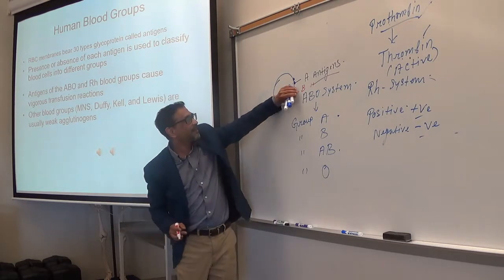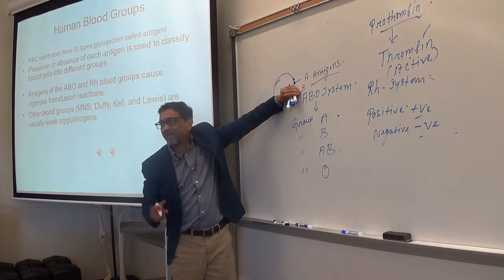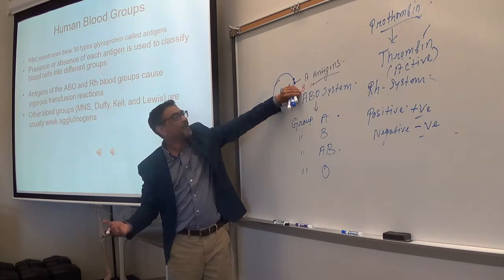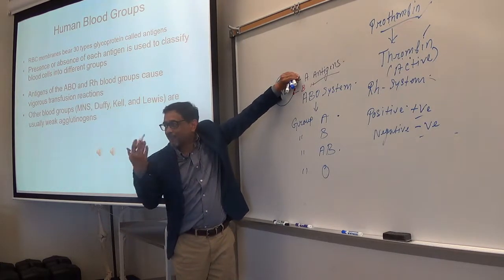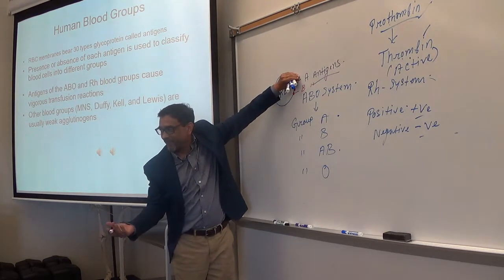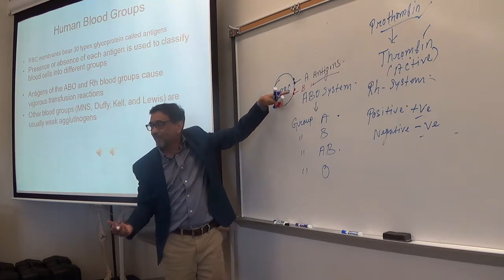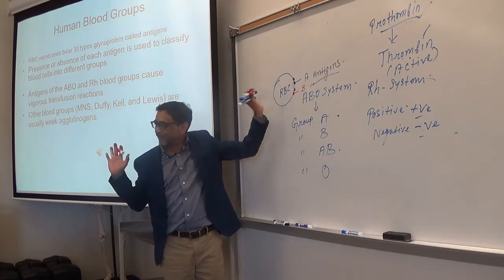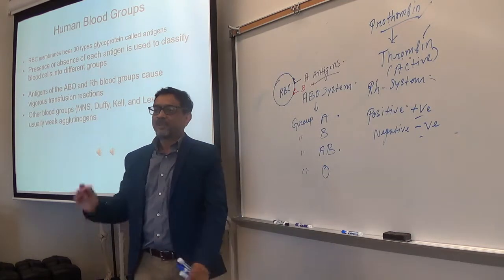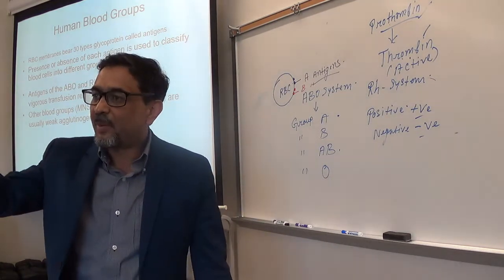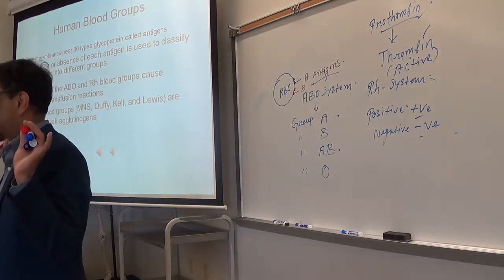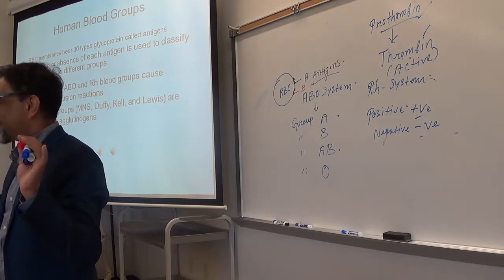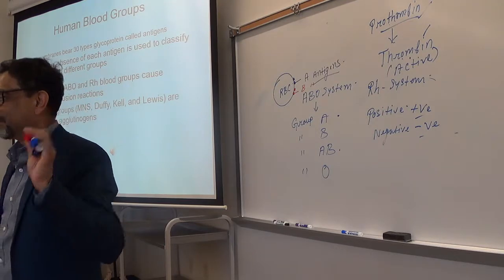So if only A is present, blood type is A. If only B is present, blood type is B. If both A and B are present, blood type is AB. If none of those, O. So it is determined by the presence or absence of antigens on the red blood cell surface. Which ones are present, which ones are absent?